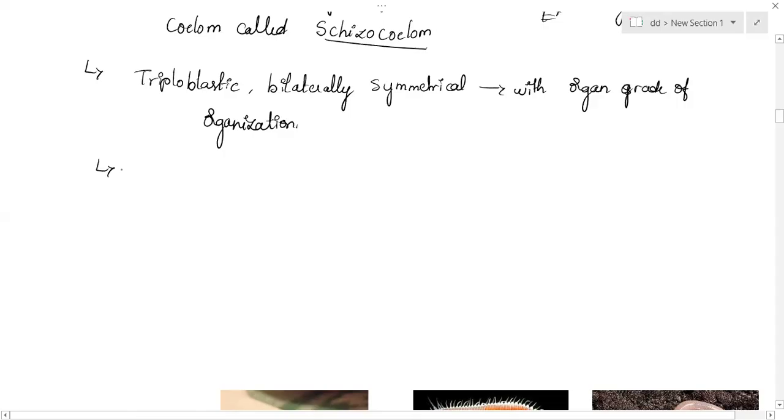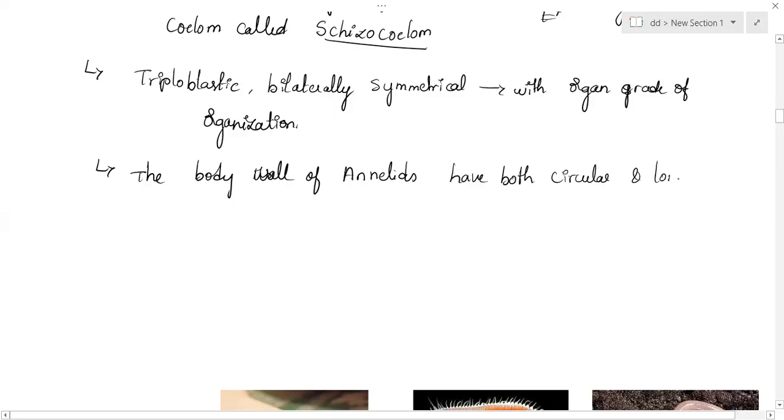Here, the body wall of annelids has both circular and longitudinal muscles.